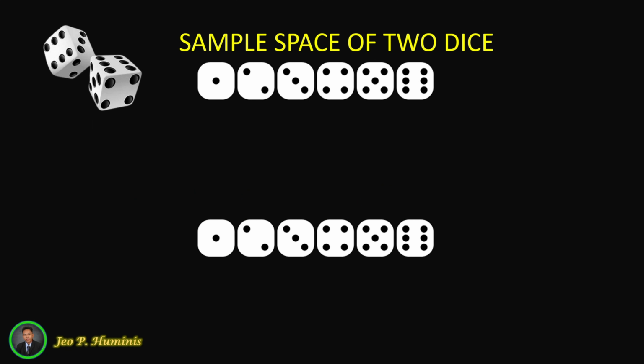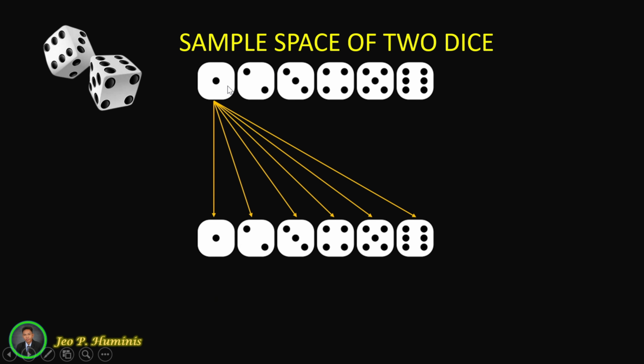What if we are asked to find the sample space of 2 dice? When we are going to roll 2 dice, we can probably get 1 and 1, 1 and 2, 1 and 3, 1 and 4, 1 and 5, and 1 and 6. This could occur if you are going to toss 2 dice at a time.